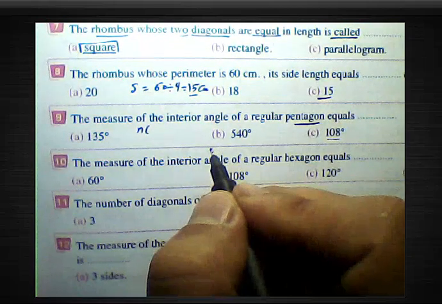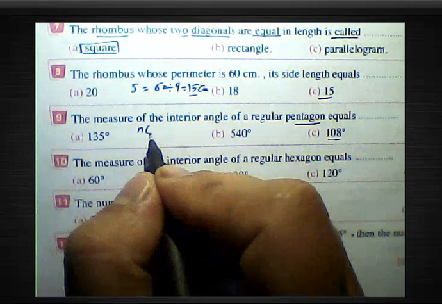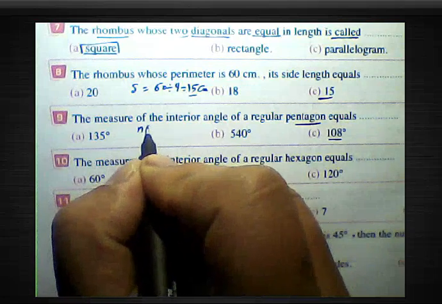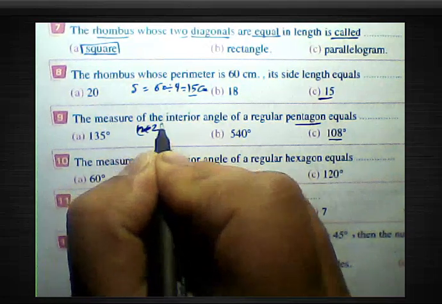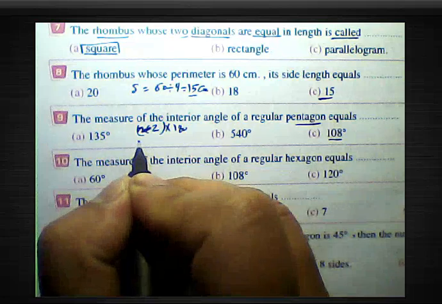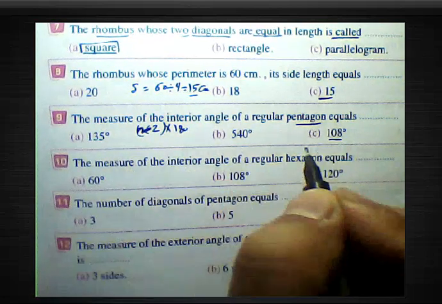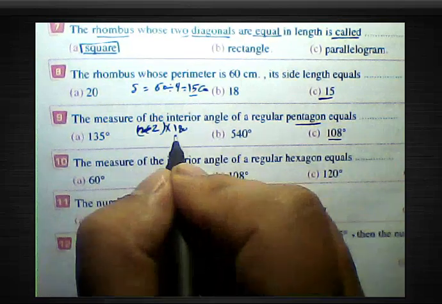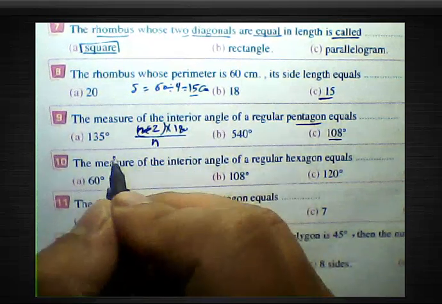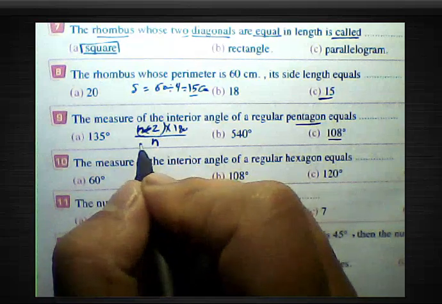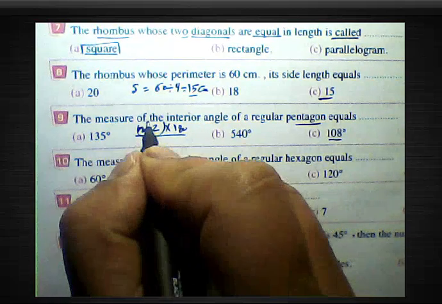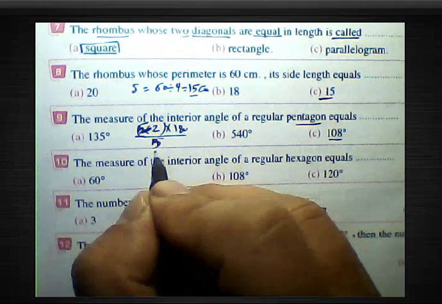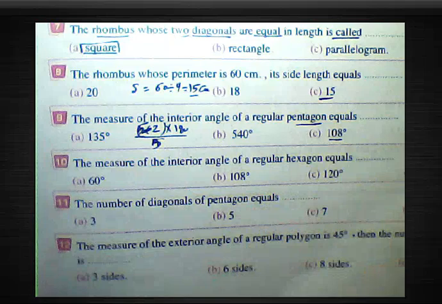Using the rule: n minus 2, multiplied by 180, where n refers to the number of sides, then divided by n. So (n minus 2) times 180 divided by n, where n is 5. 5 minus 2 equals 3, and 3 times 180 divided by 5 equals 108.